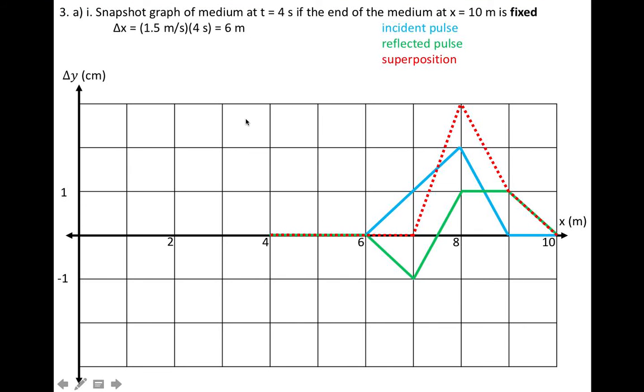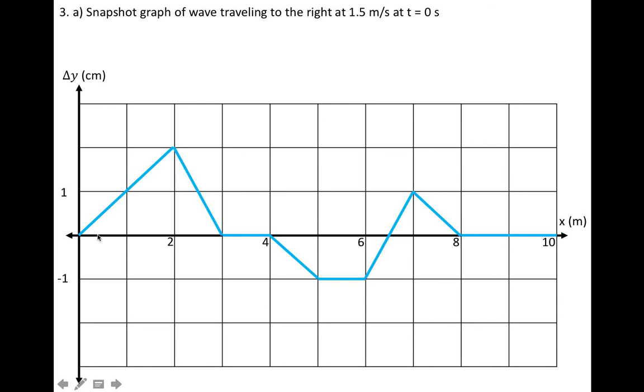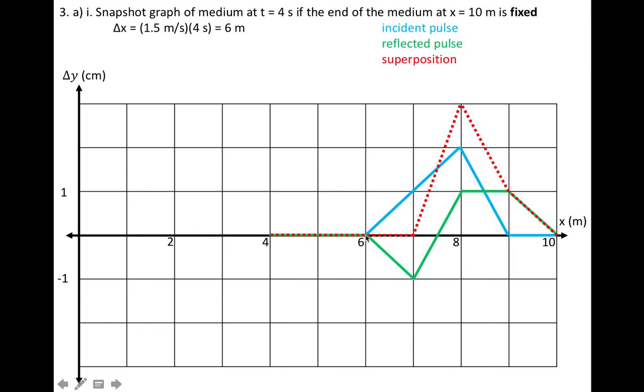So in a way, we are restarting our graph at x equals 6 meters. As you can tell here, it starts from x equals 6, this same sort of shape right here, this triangle. It starts at x equals 6, and it keeps going until 10.